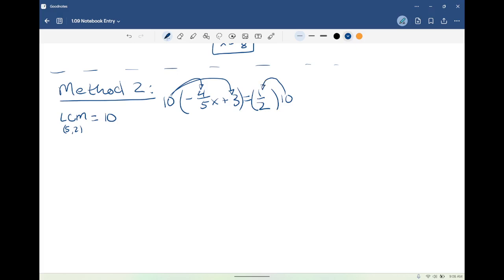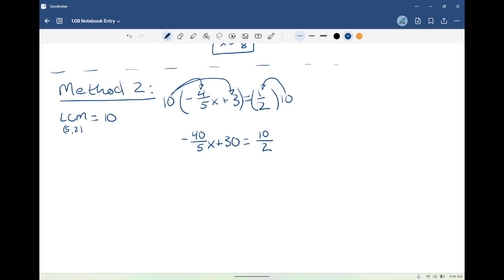When we do this, we only multiply to the numerators. And so what we end up with is negative 40 over 5x plus 30 is equal to 10 over 2. Again, all I've done is just multiply that 10 through.